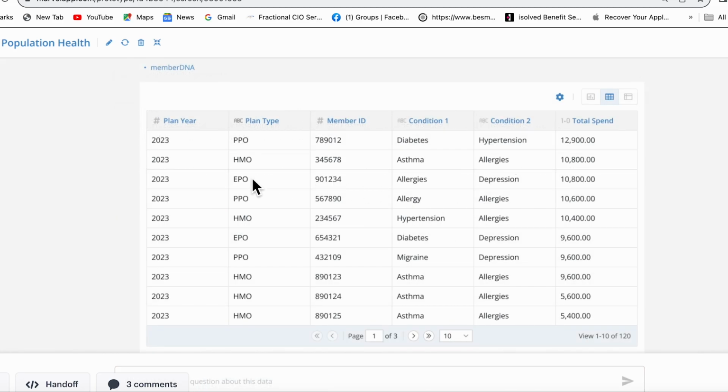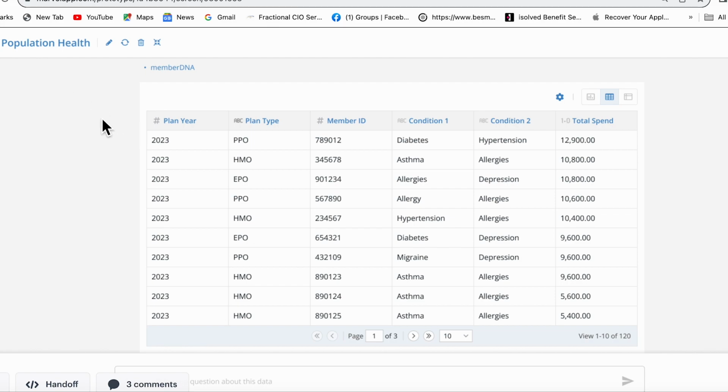So naturally, the first question that the user would have to do this analysis are, who are my Medicare Advantage members with more than one chronic care diagnosis, because they are typically the highest in terms of cost. Descending by total spend year to date.